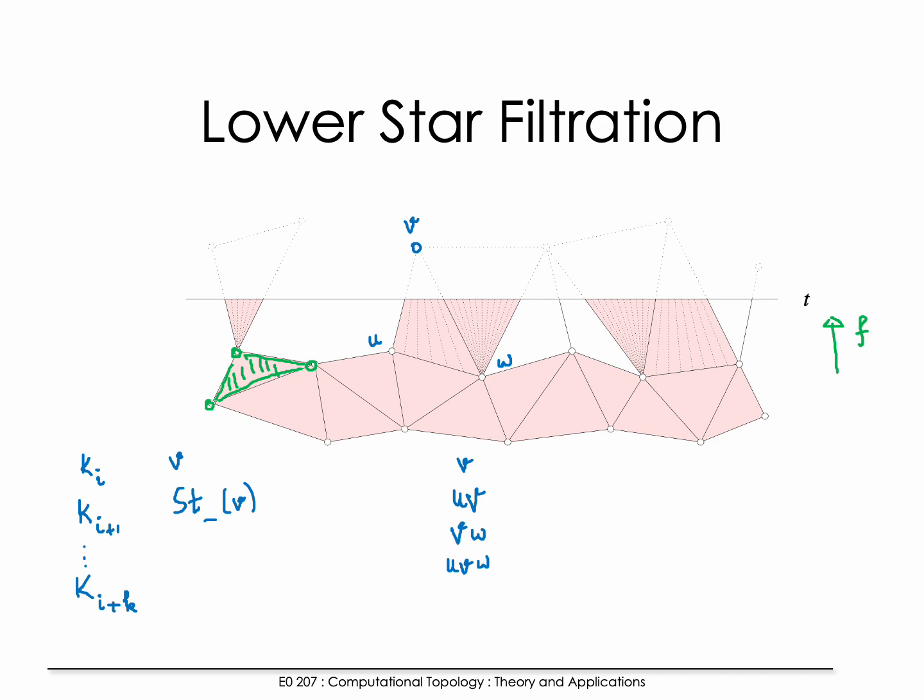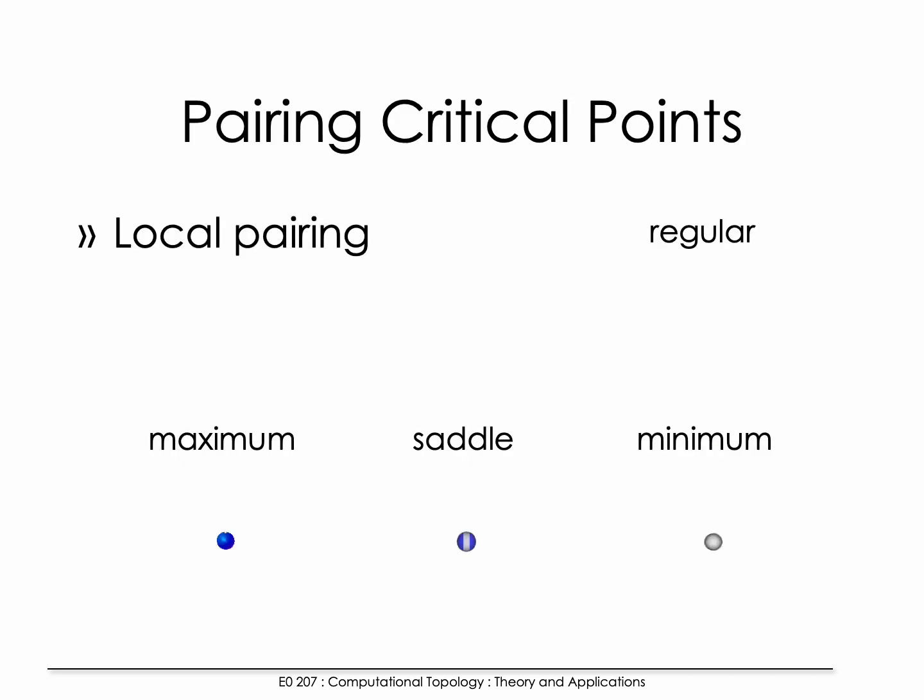So these two ideas come together here, but in a much simpler form. So during this filtration, how do we pair the critical points? It is sufficient to study what happens to V under the different cases, and that already addresses our question.